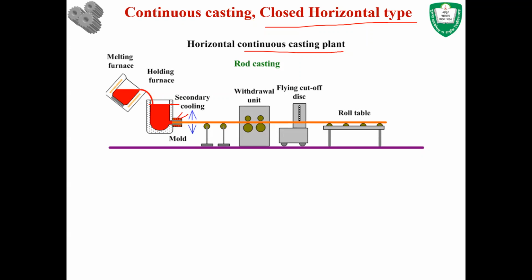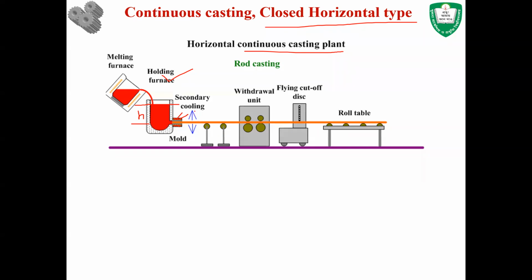Because of that cooling, the die actually solidifies the outer shell of the molten material that is coming out from the holding furnace or tundish. And the flow rate is always constant because the height in here is always constant. If the height is constant, then the flow rate is constant, and the material property will be uniform.